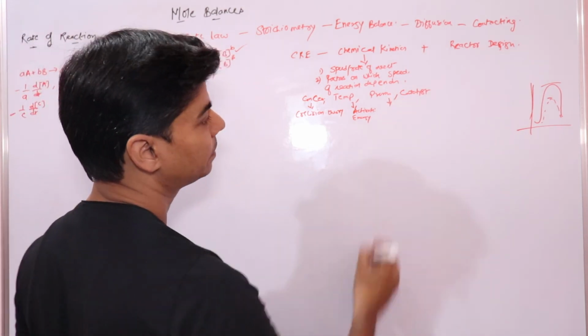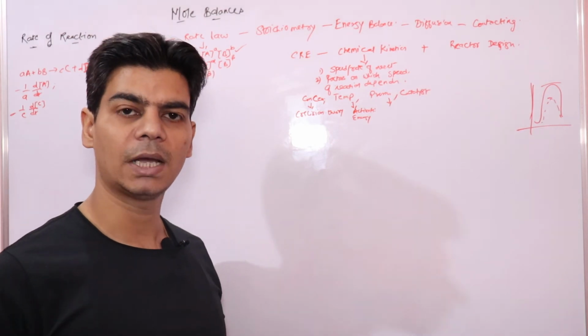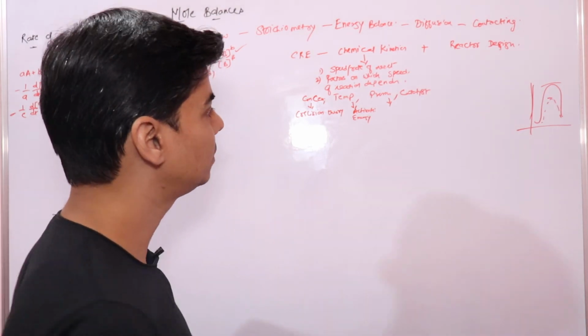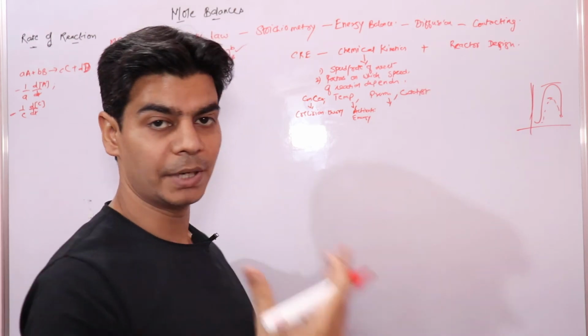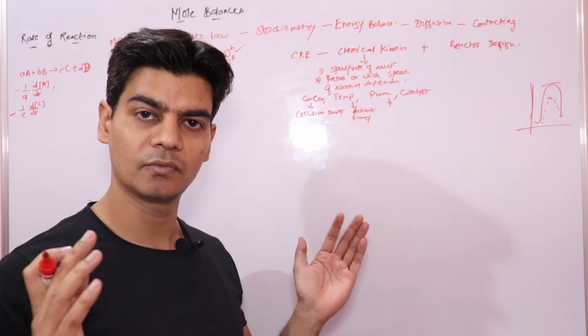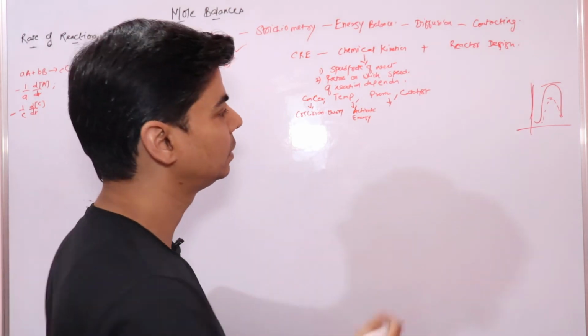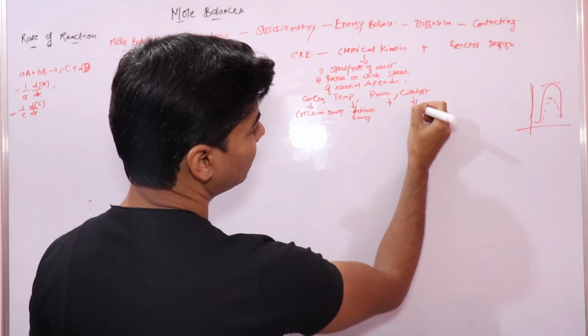Pressure, when you increase the pressure, it will bring the reactants closer, right? Where they will have more chances of collision, right? Better collision means they are in right orientation, they have energy that is equal to or more than threshold energy. Then you have catalyst.